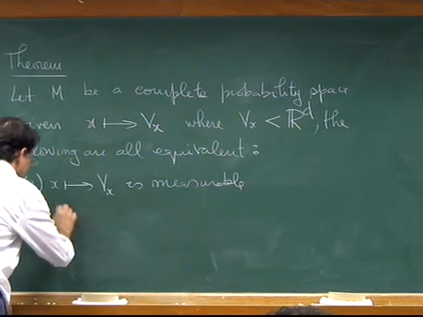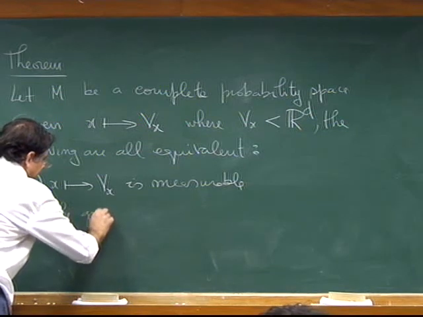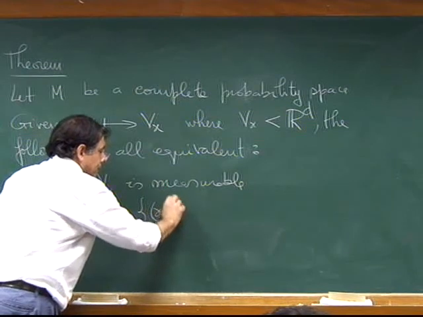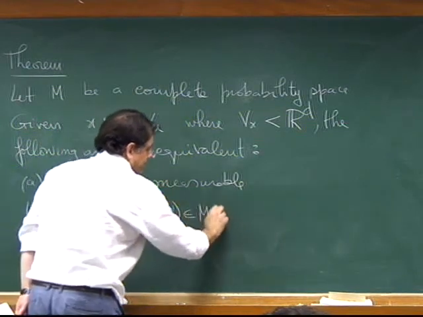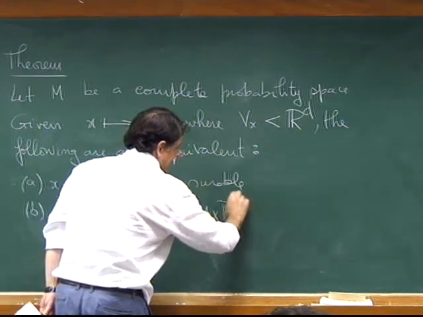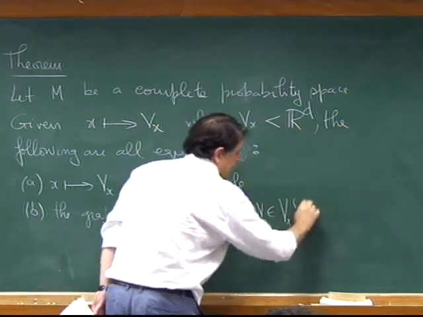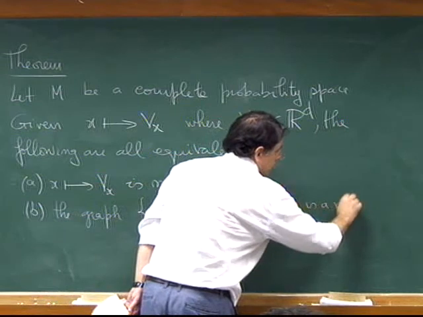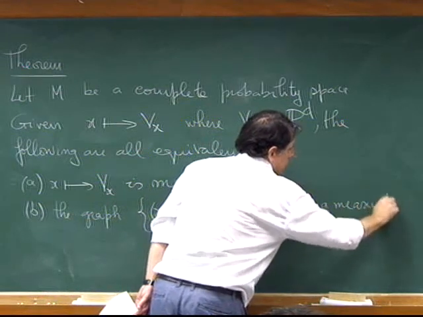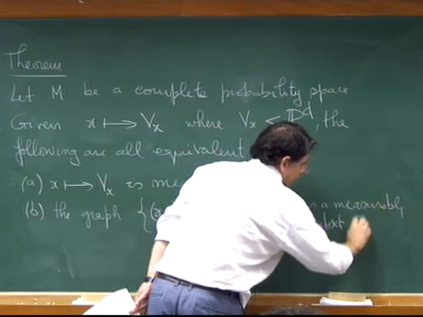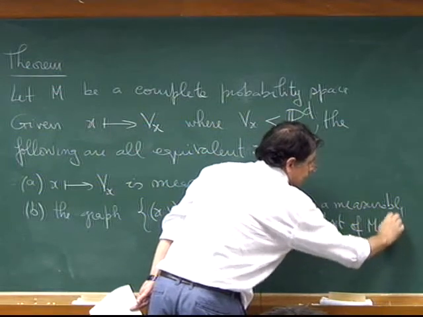The graph is a measurable subset of M cross Rd.